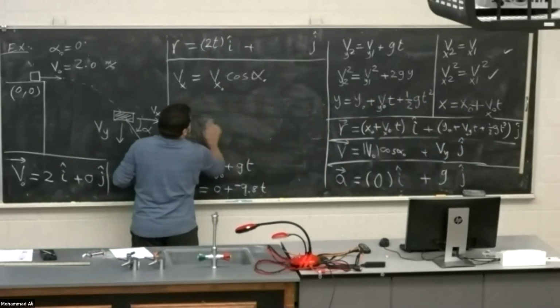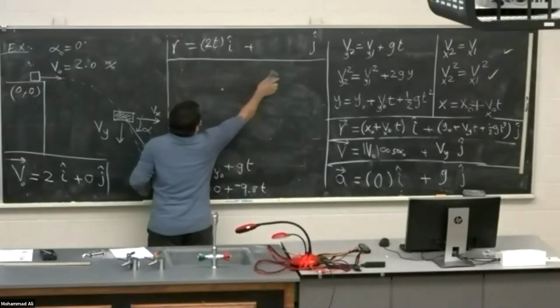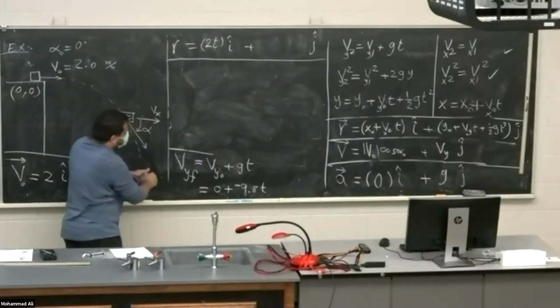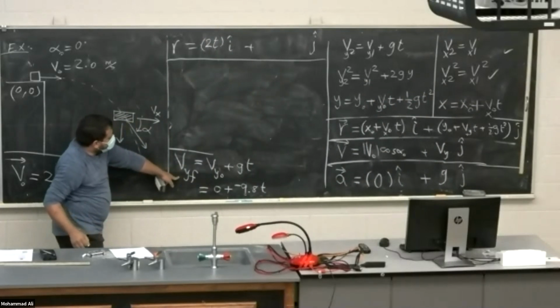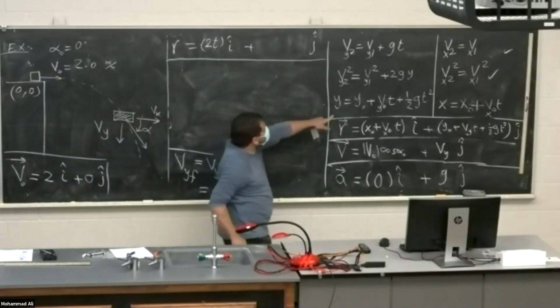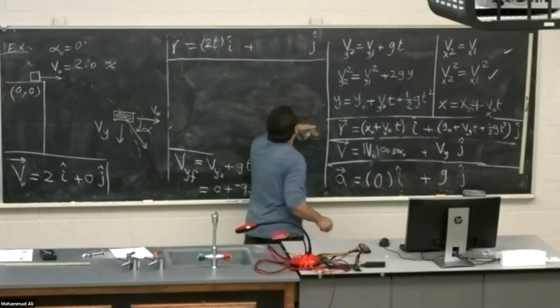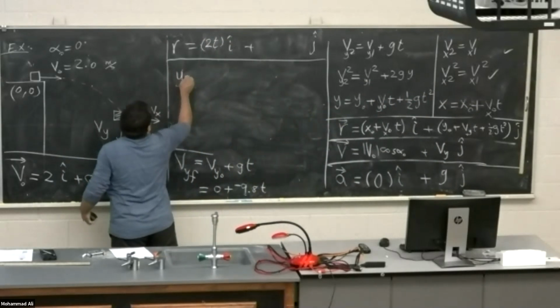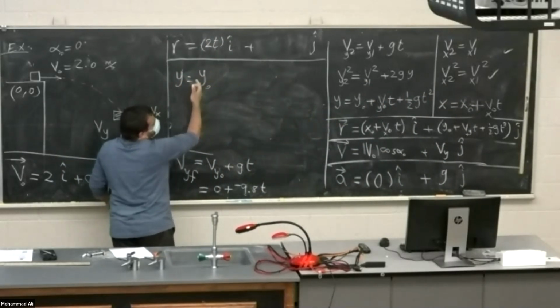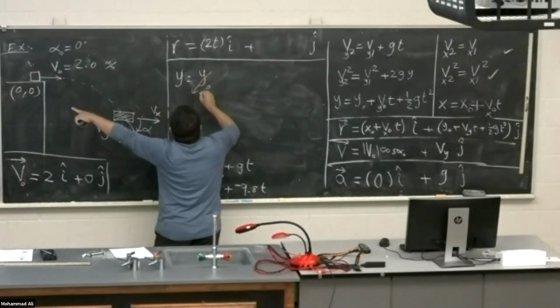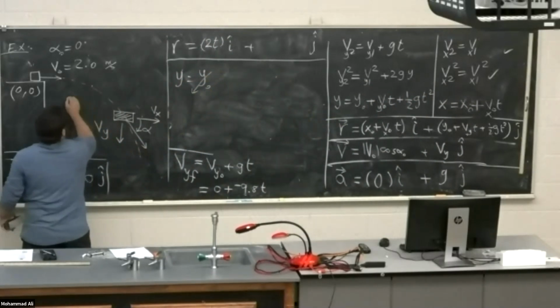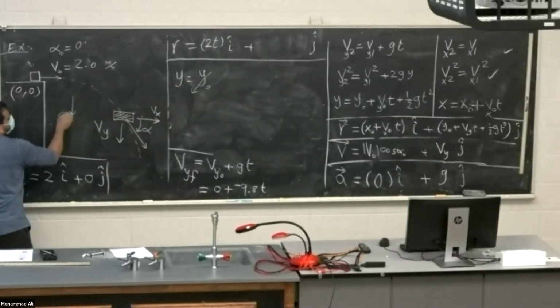What about y? Now I just find Vy of T. I need to use it here. Y is equal to y naught. Y naught I can assume it's 0, just as I did here. But the negative direction downward.